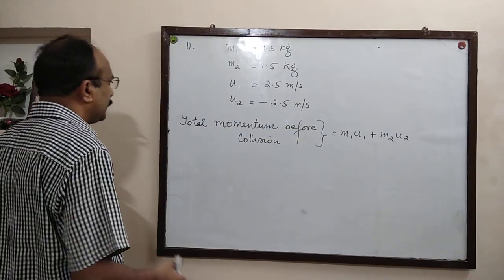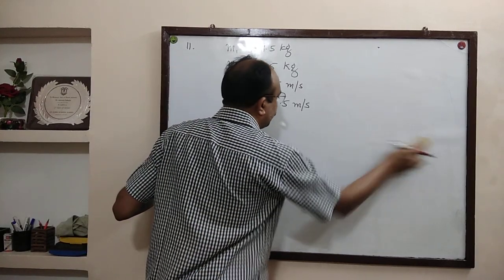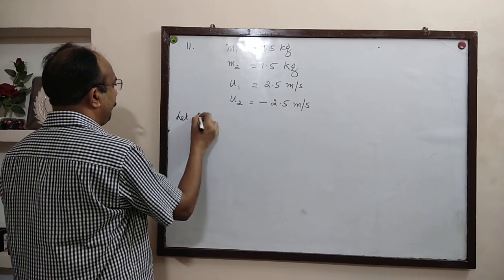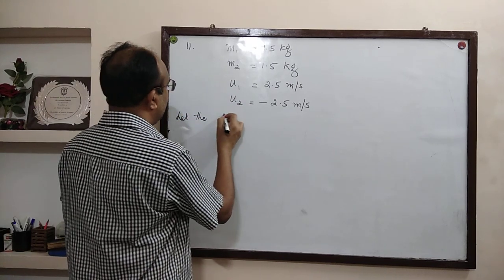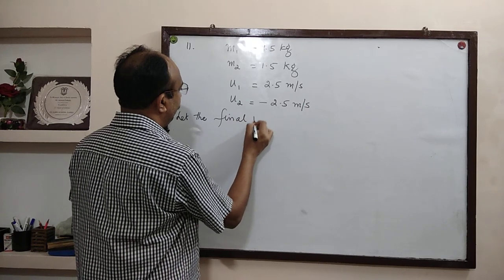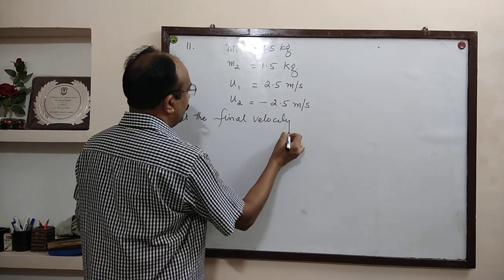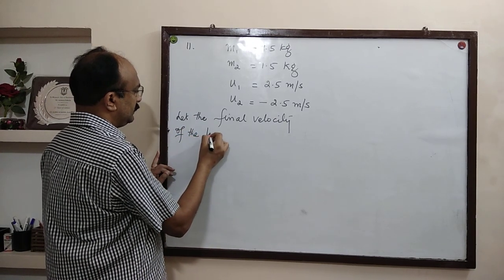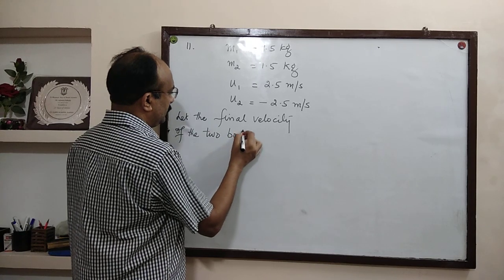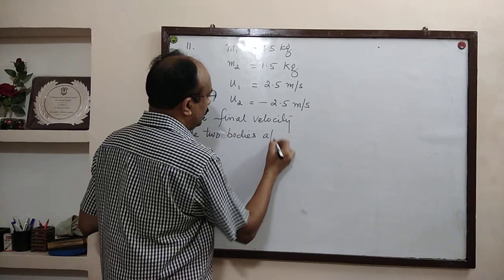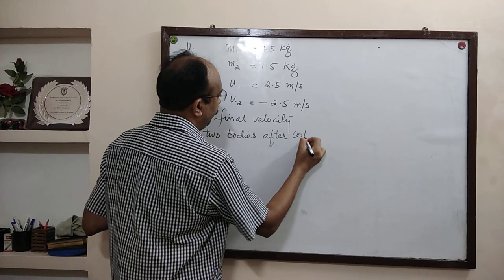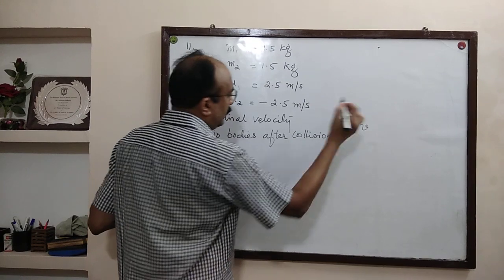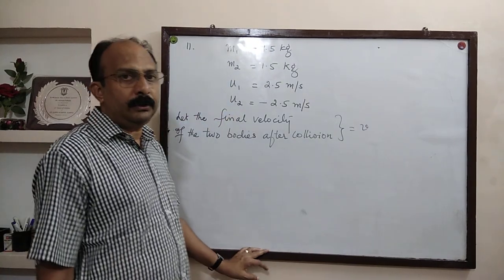Or we can say, let the final velocity of the two bodies after collision is equal to V. Why there is no V1, V2 this time?